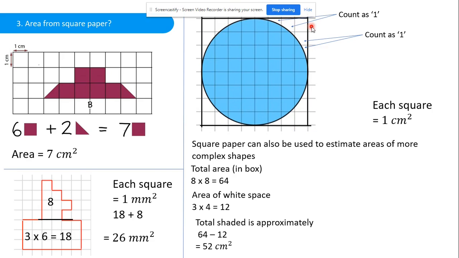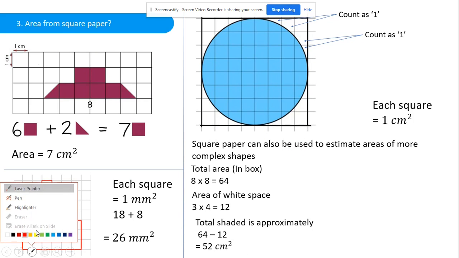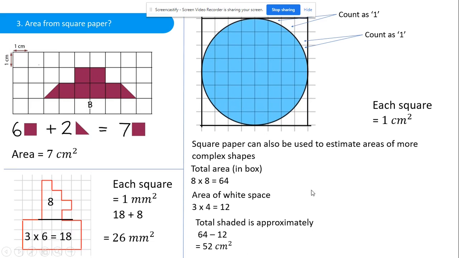We then subtracted an estimate for the empty area, and we estimated that each of these was worth 3, and that gave us 52 centimeters squared. Now, if we used a formula to find the area, the real area of the circle is 50.24 centimeters squared. So we were pretty close, and that's a pretty good approximation for the area.